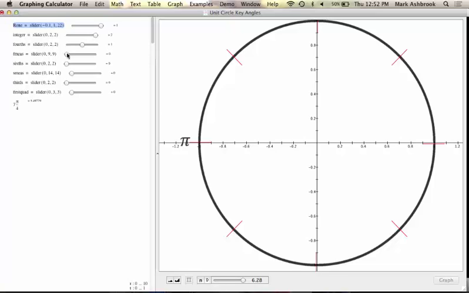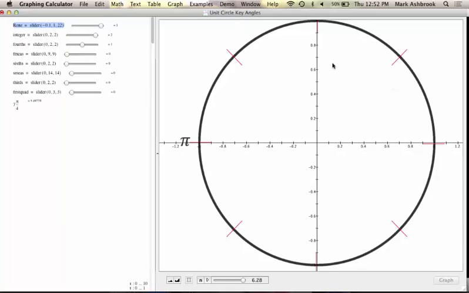So if up at the top, what angle is that? Half a pi, and so this one would be half of that, which would be 1/4 pi. To get these angles, all you need to do is count, and we're counting in fourths.